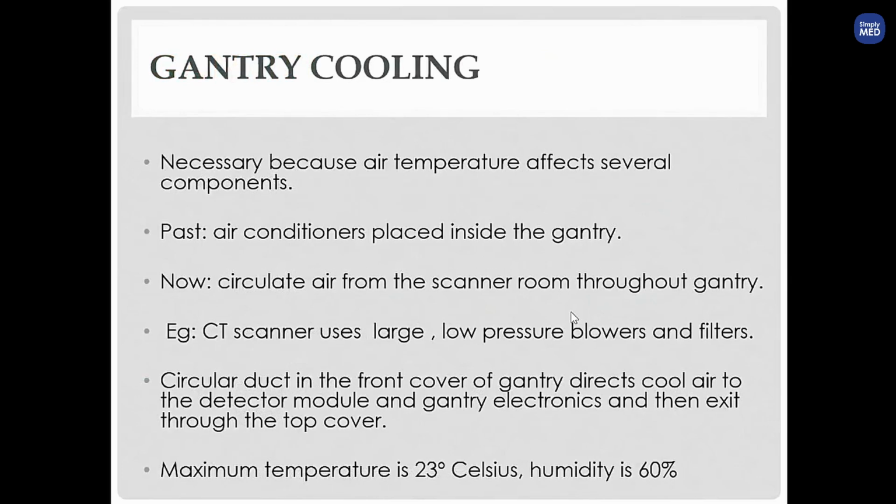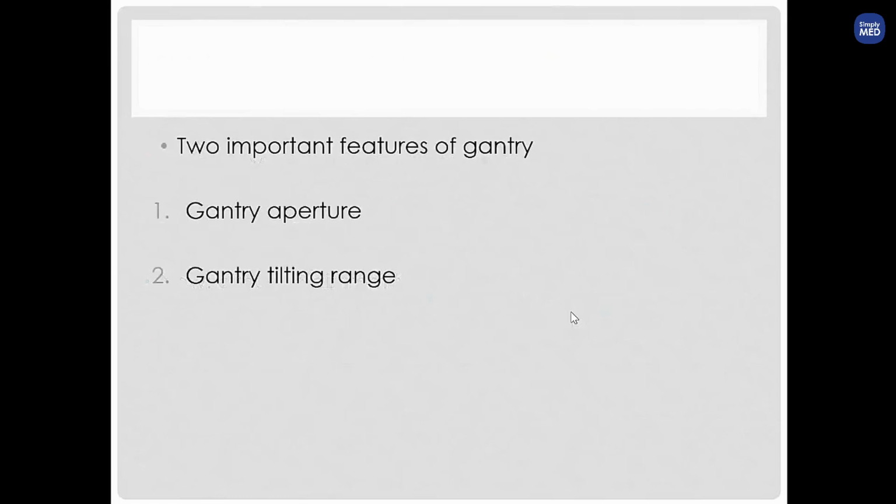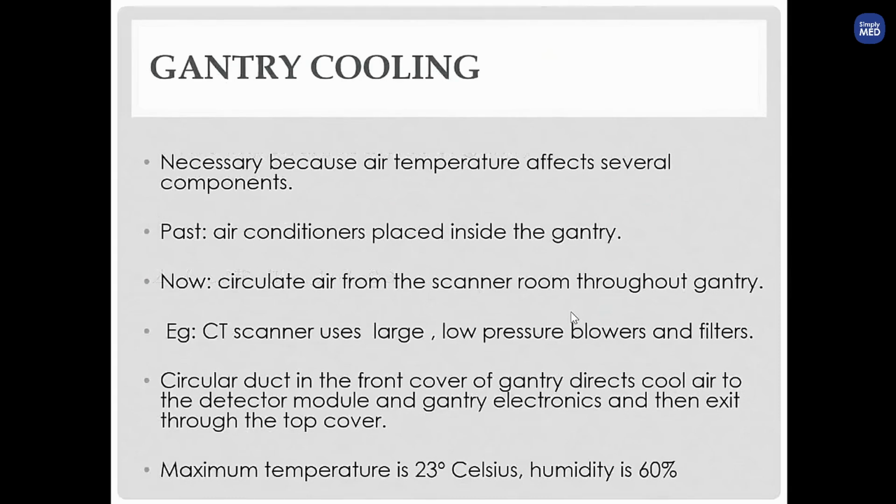Going to the cooling system of the gantry, we have air temperature. When there is high temperature of this air, it will affect the components inside the gantry. Long before, we were using air conditioners placed inside the gantry. Nowadays we have air circulating from the scanner room throughout the gantry.